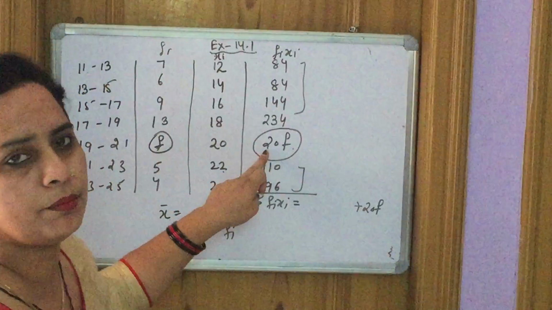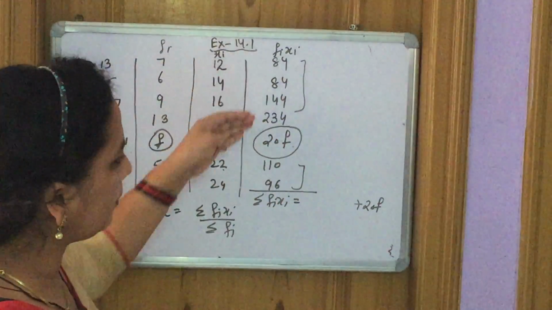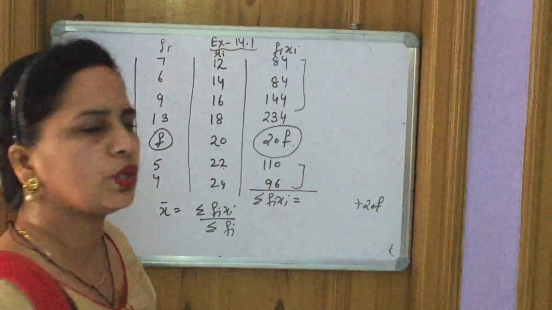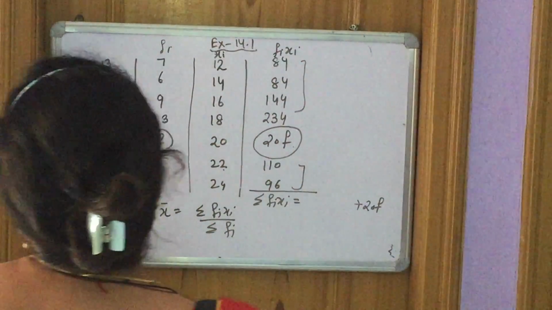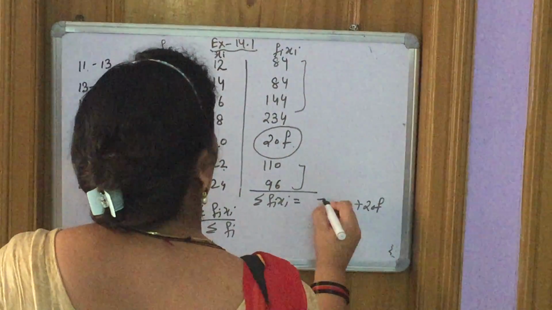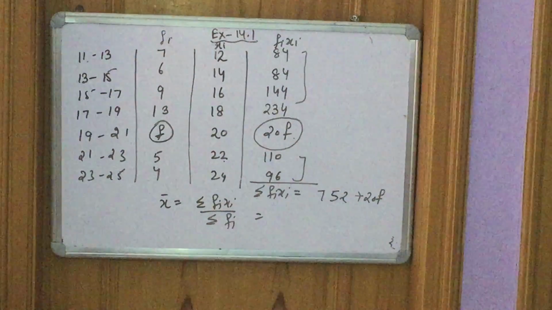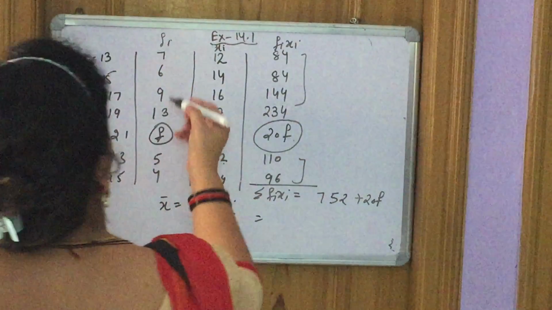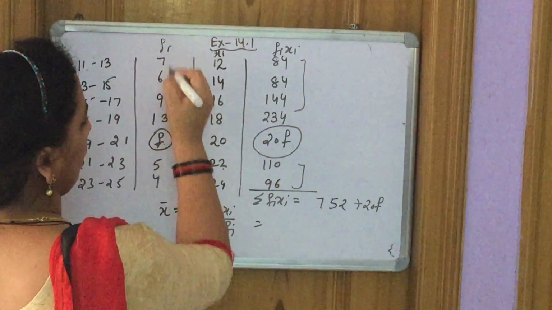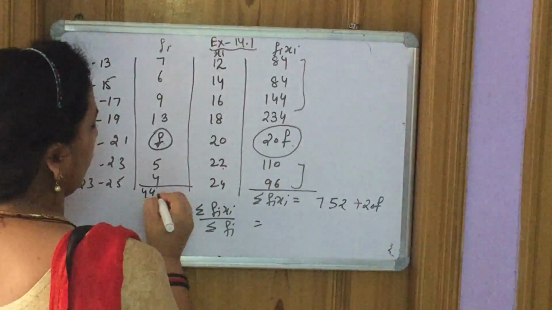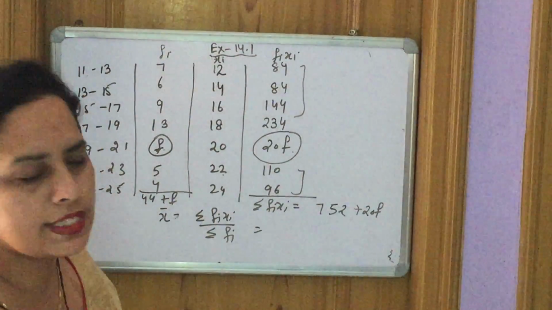This is not a like term. This is 20f. Sum all the column except 20f. After the sum, we get here 752. Also, we need the sum of fi. So the sum of fi, also except the term f, and then sum all the terms. We get here 44 plus f.